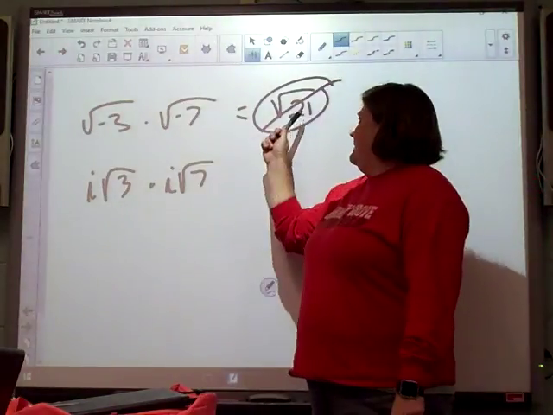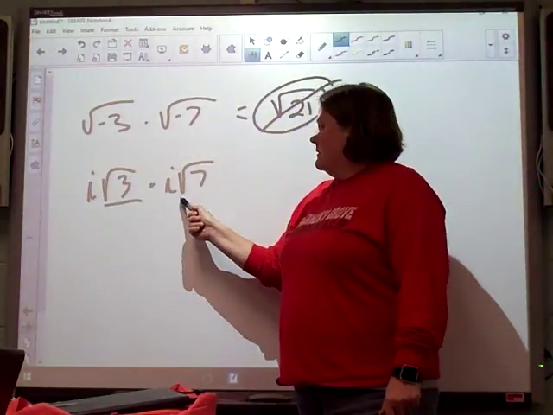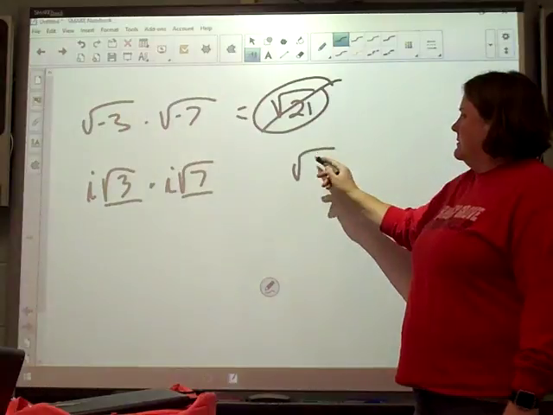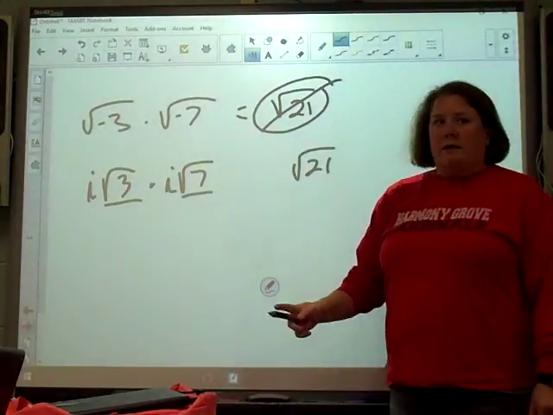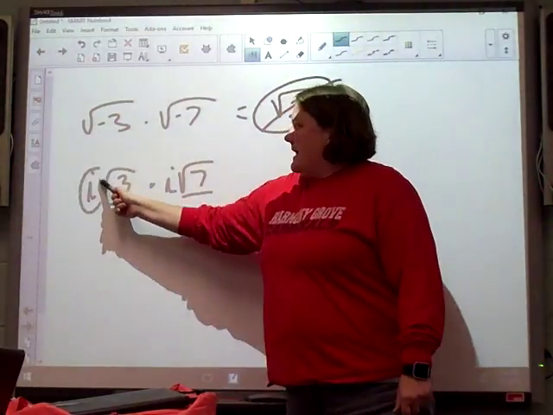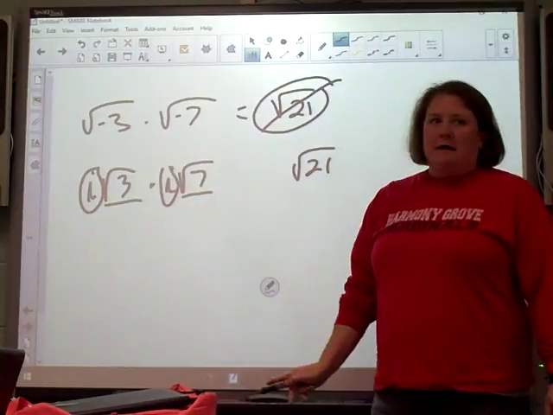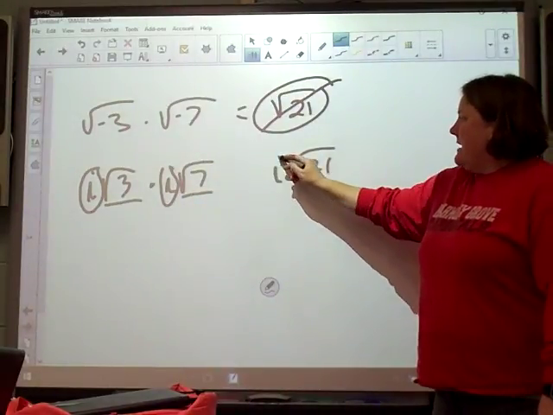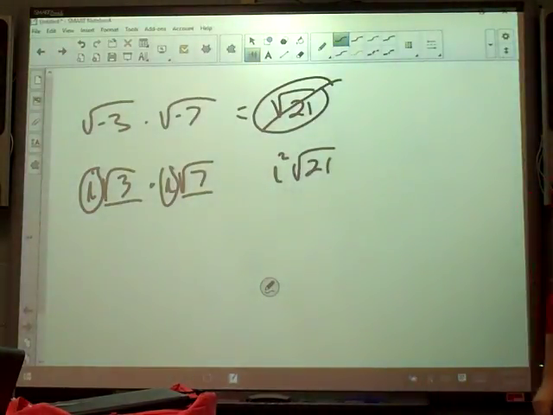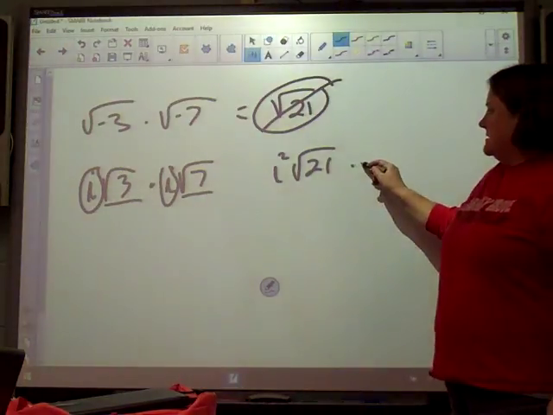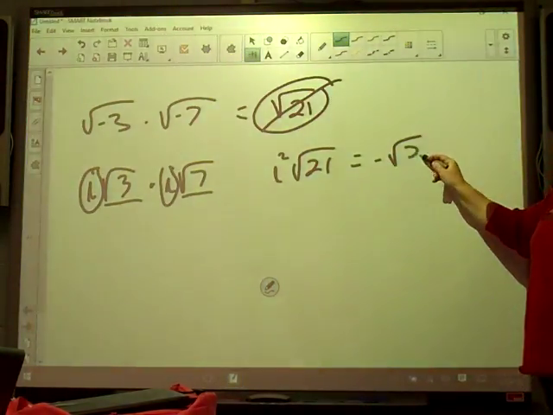Now here you're going to get that 21 from there. And then what Grace just pointed out is here you've got an i times an i, which is i squared. Now, first thing you wrote down, what's i squared the same as? Negative 1. So that's the same as negative square root of 21.